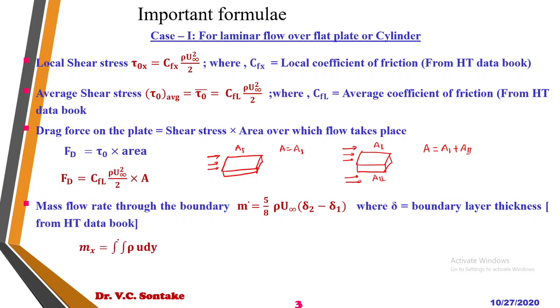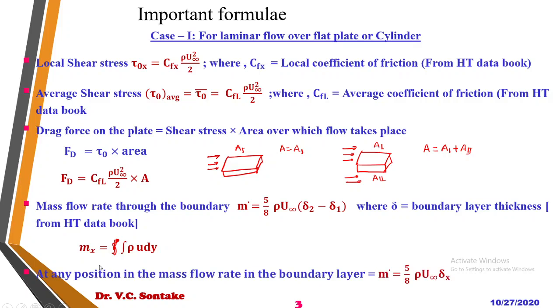Similarly, local mass flow rate can be given as rho into u into dy. This will give you the local mass flow rate. At any position, the mass flow rate in the boundary layer, m dot, can be given as 5 by 8 rho u infinity into delta x, where delta x is the local boundary layer thickness.